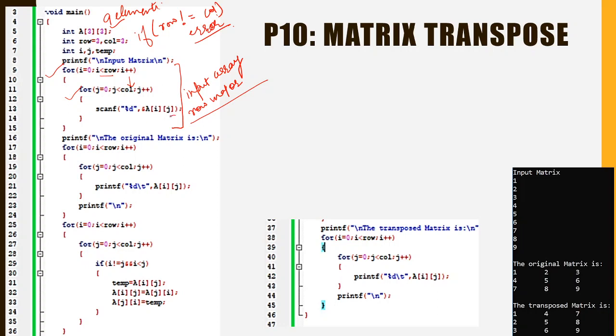So every time an element is entered by the user, these are the elements entered by the user, you can see that they are stored in row major form, right? You entered 1 2 3, so one is stored here, then second, third.